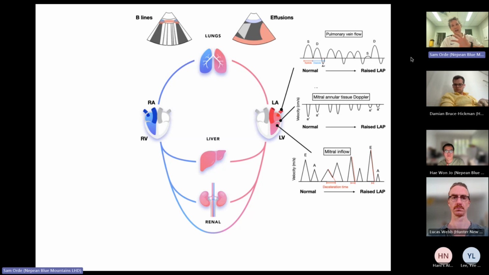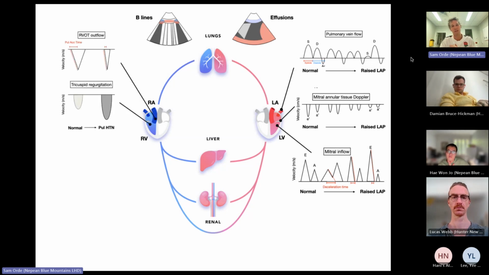Raised left atrial pressure can cause effects on the lungs, and it can also cause effects on the right side of the heart, particularly the pulmonary hemodynamics. This is where we can start to get this idea of post-capillary pulmonary hypertension, which is caused by raised left atrial pressure.